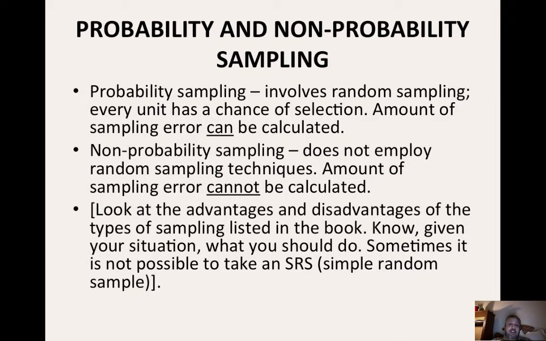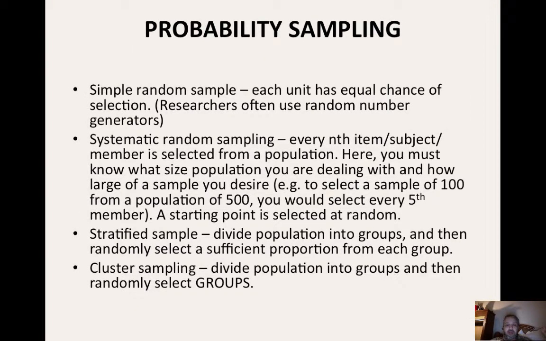Like when I was in Egypt, I could not get a list of all the journalists to draw out of a hat. Basically, I couldn't do it. So I tried my best to mitigate the problems, and I think I did a pretty good job of that. In any case, sometimes non-probability sampling is inevitable, but if you have a choice, choose probability sampling.